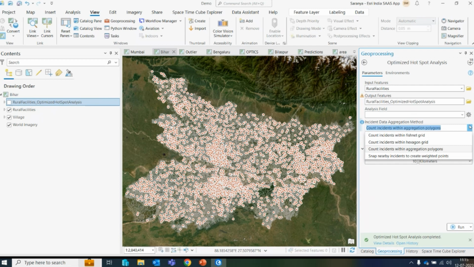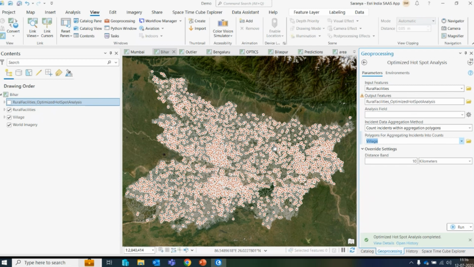You can aggregate these points into a fishnet grid or hexagon grid or into your polygon as well. If you select the aggregation polygon, you will be given the option to use your own polygon layer. In this case, I'm using a village boundary. Whereas in hotspot analysis, you will have to do the aggregation first and then move on to the hotspot analysis.